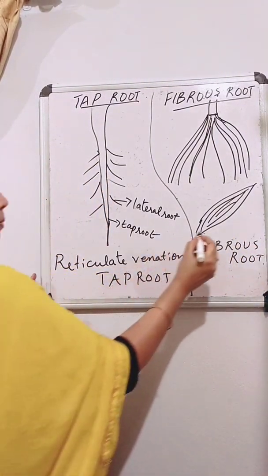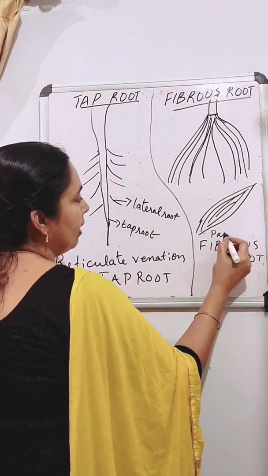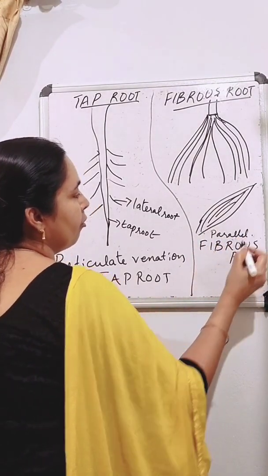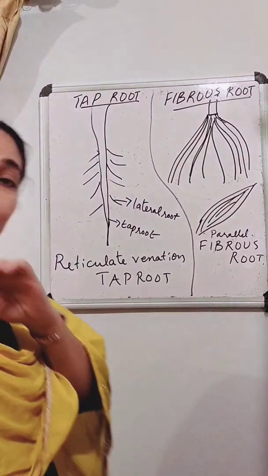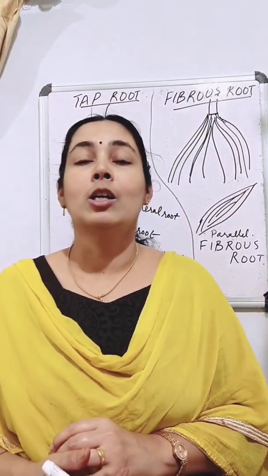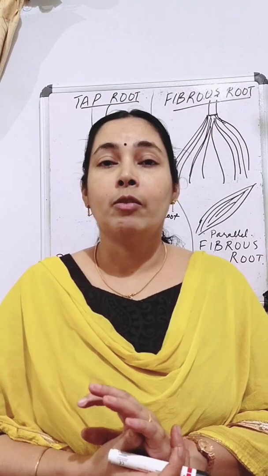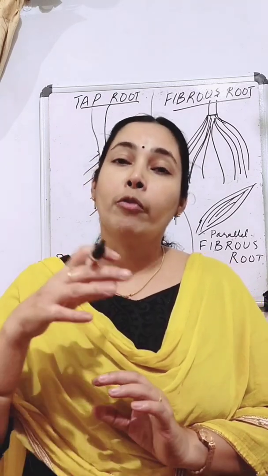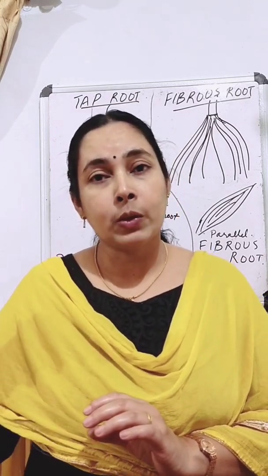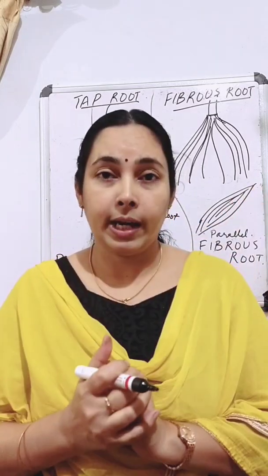Okay, so all the plants with parallel venation have fibrous root. Is it clear? So can we say which type of root a plant has without pulling the plant out from the soil? For example, a coconut tree.